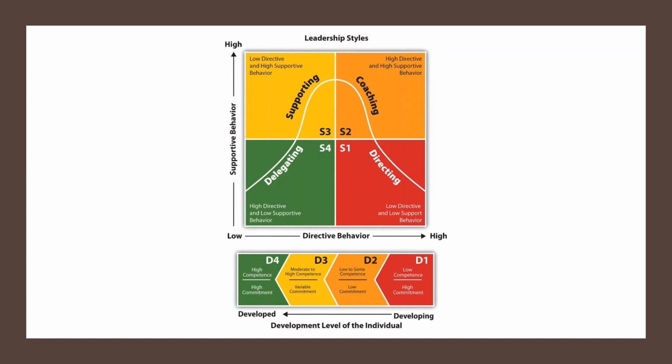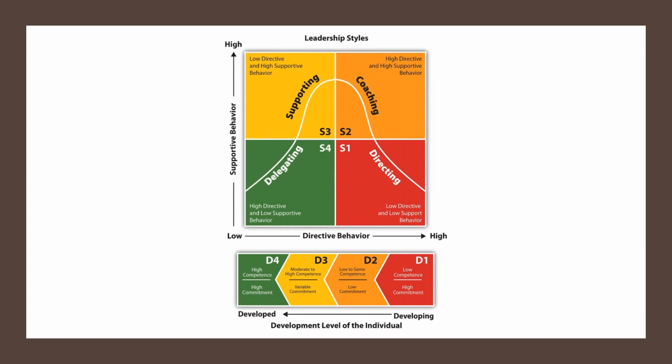Now, as I said, I'll spend more time on this, but at the end of the day, if you look down the bottom, you'll see on the left-hand side, D4. D4 says somebody that's highly competent and highly committed, right?